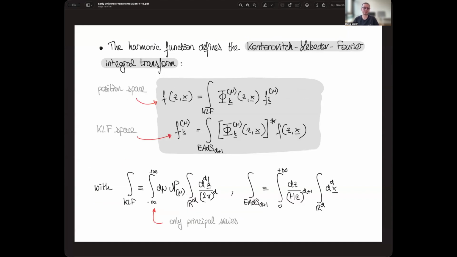Naturally, these harmonic functions define the following integral transform that allows us to go from position to momentum space. And so the integral transform in time is known to mathematicians as the Kontorovich-Lebedev transform, hence the name Kontorovich-Lebedev-Fourier space, or KLF space for short.